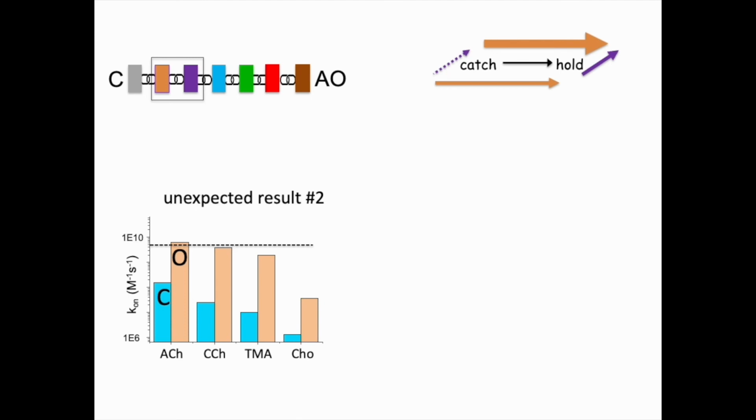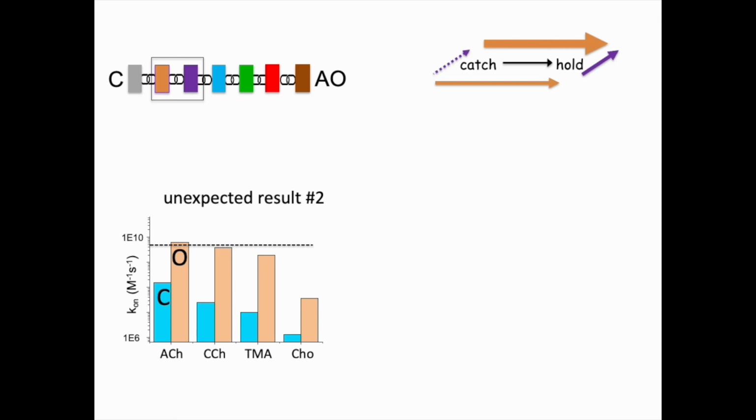I think that the linear free energy linkage throughout the isomerization can be used to explain an unexpected experimental result shown, I think, in Chapter 3, which is shown here below, which is that the association rate constant of agonist to O is not only faster than to C, but is roughly at the diffusion limit and the same for many agonists.